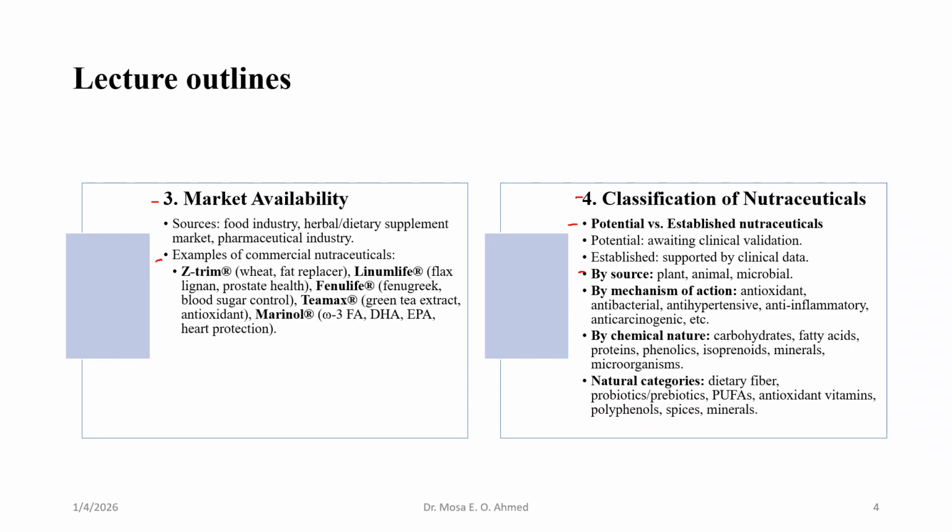And by mechanism of action, as antioxidant, anti-inflammatory, and so on. By chemical nature, it can be divided into carbohydrate, fatty acid, proteins, and so on. And natural categories in this class involve dietary fibers, probiotics and prebiotics, PUFAs, antioxidant vitamins, polyphenols, spices, and minerals.